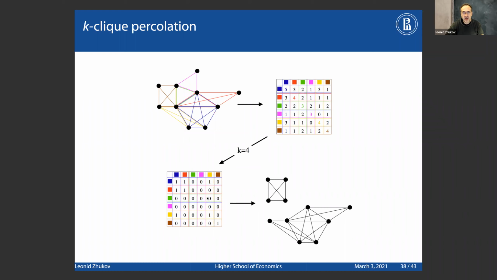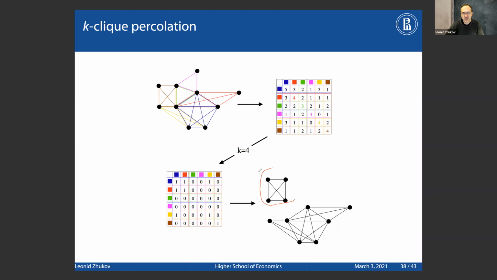Threshold at 3, and when it's above 3, I just leave 1, and when it's below 3, I put 0, and then we get connected components, and there you go. So based on this 4-clique separation, this graph has 2 communities.